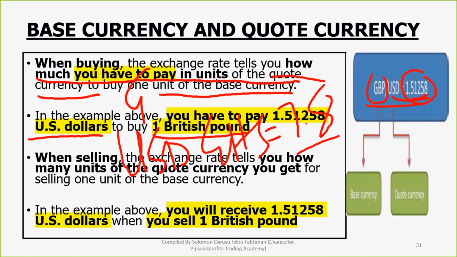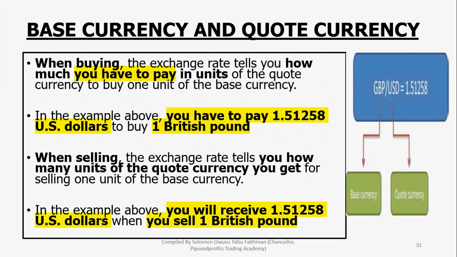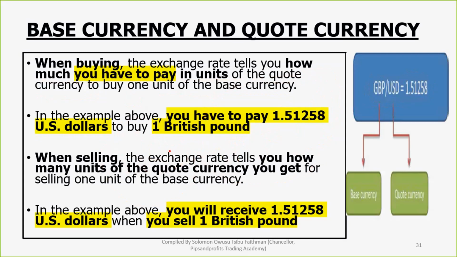The exchange rate is telling us how much of the Ghana cedis we need to give away to receive $1. As simple as that. So when you are buying, please, we are going deep. When you are buying, okay, the exchange rate is telling you how much of the quote you need to be able to get 1 unit of the base currency.